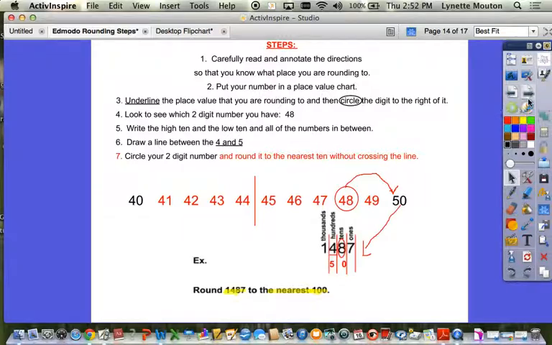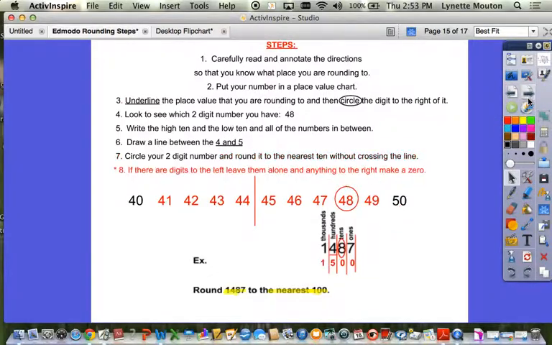Okay, the last 2 steps. When we put it in the place value chart, the whole reason is so that we can bring down the numbers that are to the left. Good. If they're to the left, you're going to do what? Leave it alone. If they're to the left, leave them alone, okay? And if they're to the right, what are you going to do? Everything becomes a 0 to the right, okay?